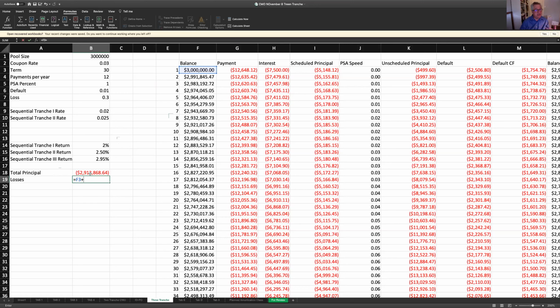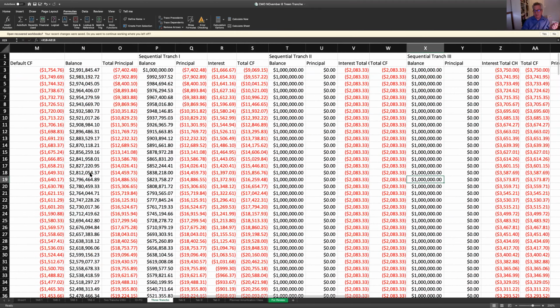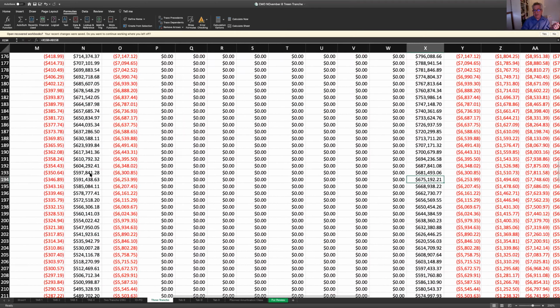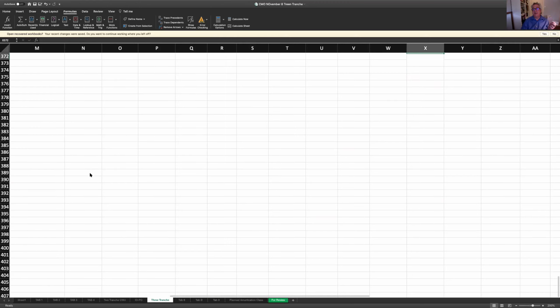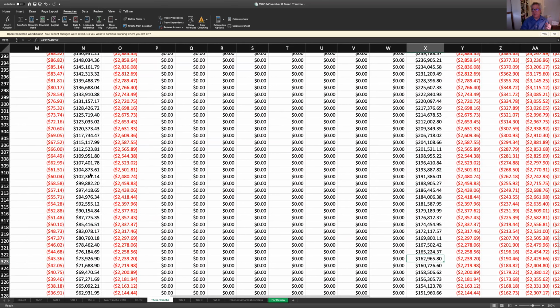And as you know, I like using negative numbers and adding is about $87,000. If we go look here at sequential tranche 3 and look at what their balance is at the end, you can see they're not fully paid. What are they paid? They're paid $87,000, but again, they get some principal that last period.